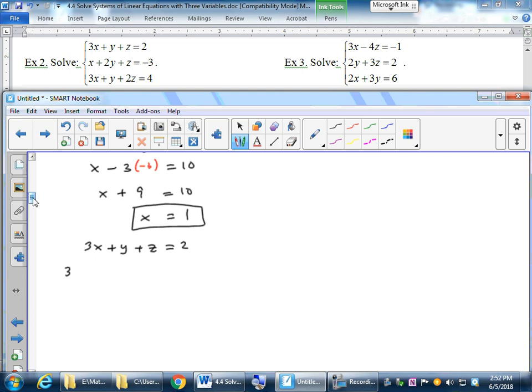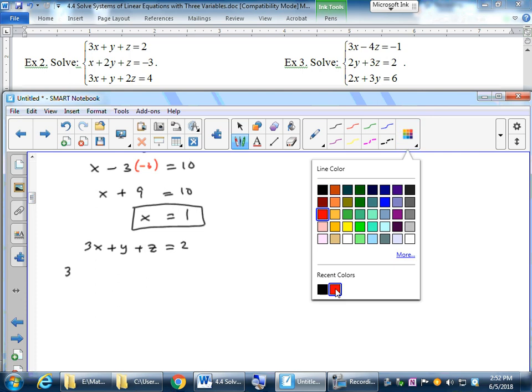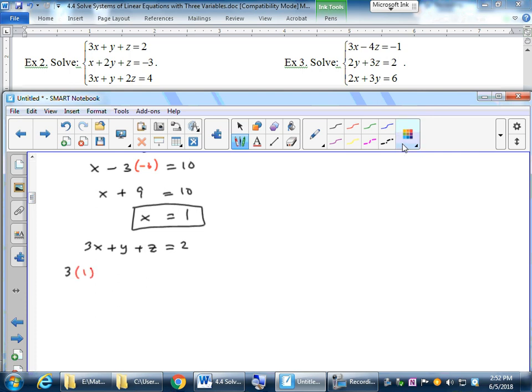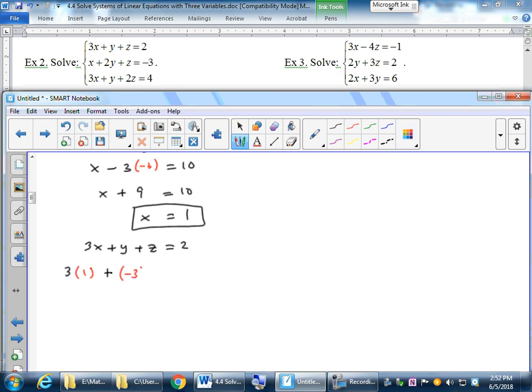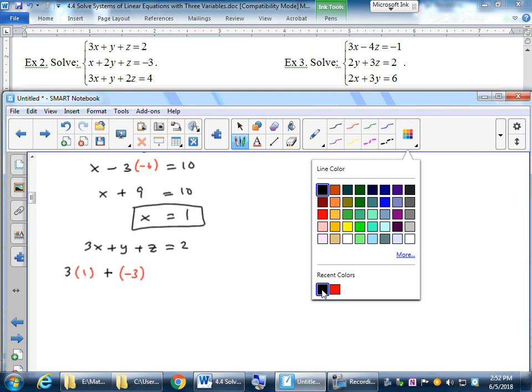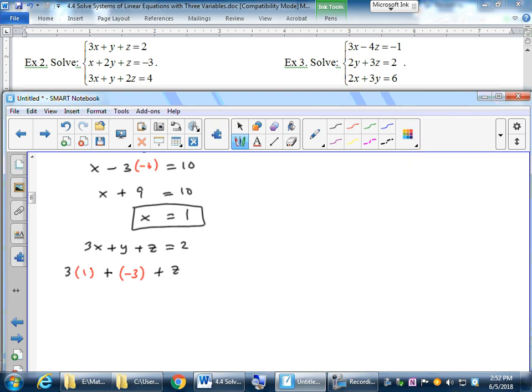So x is 1, and then plus my y, which is negative 3, plus z equal to 2. So this gives us 3 plus negative 3 plus z equal to 2. So therefore z is equal to 2.